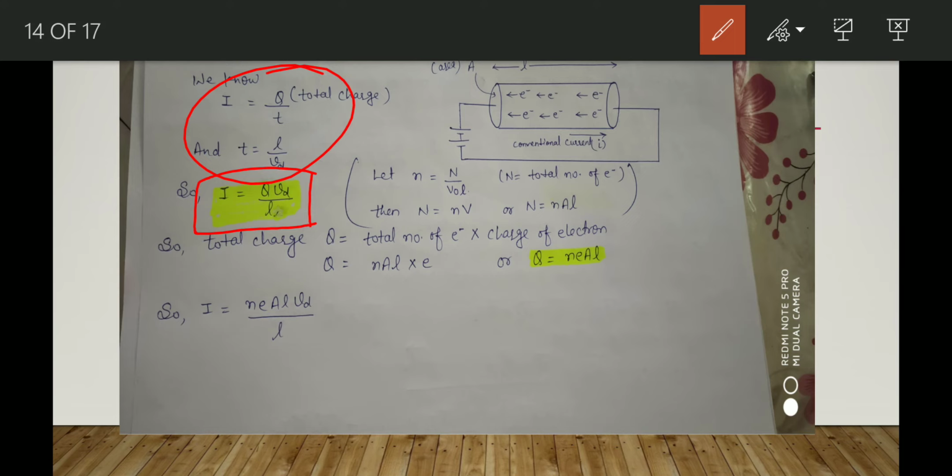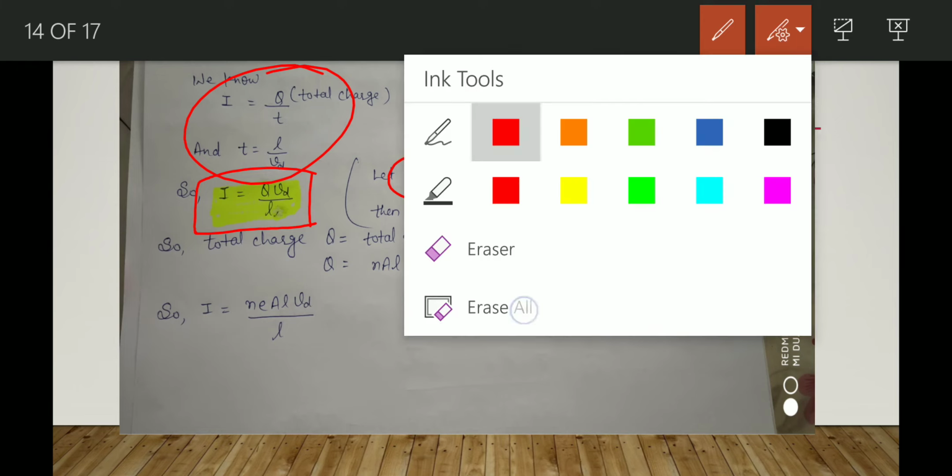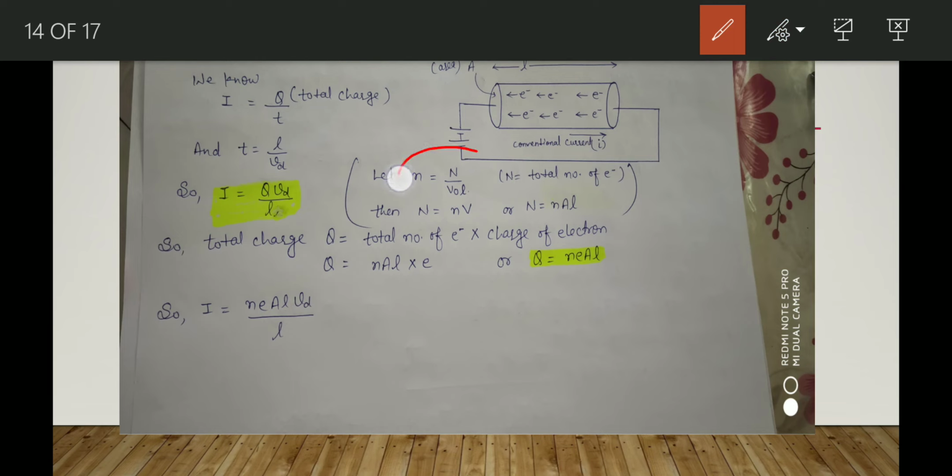Now suppose capital N is the total number of electrons. So what will the number density of electrons be? It will be the total number of electrons divided by volume.